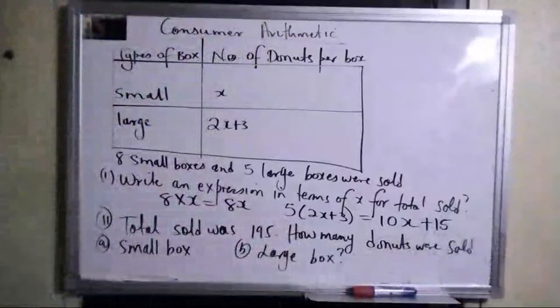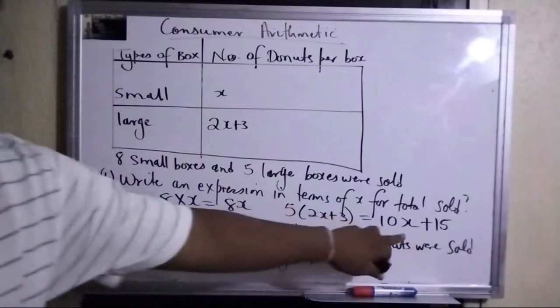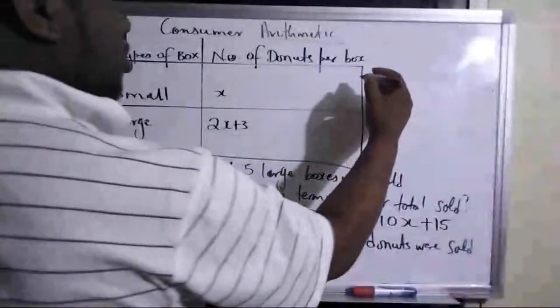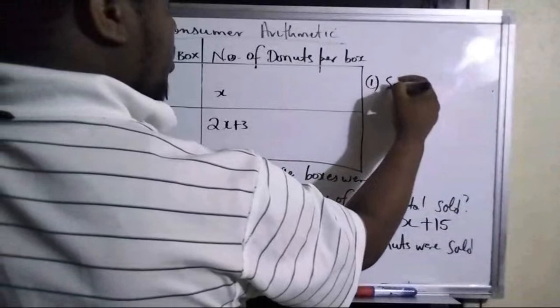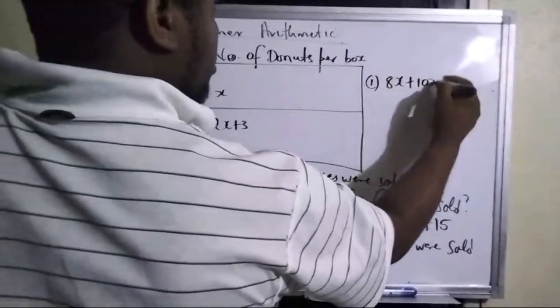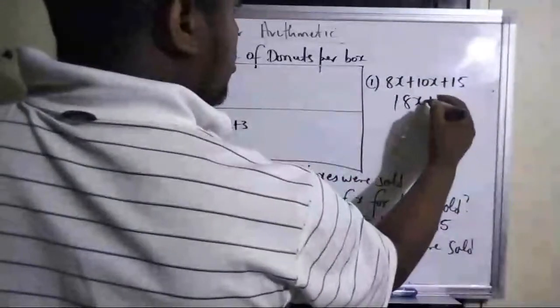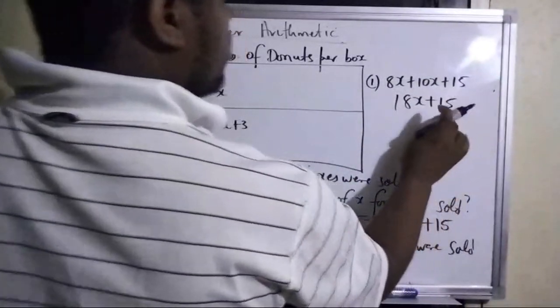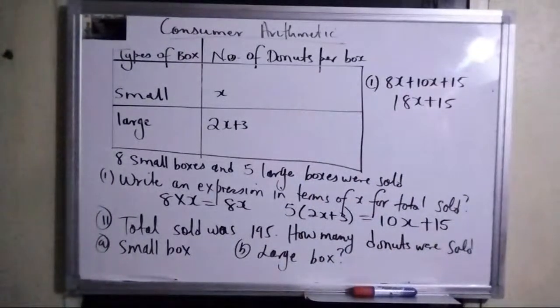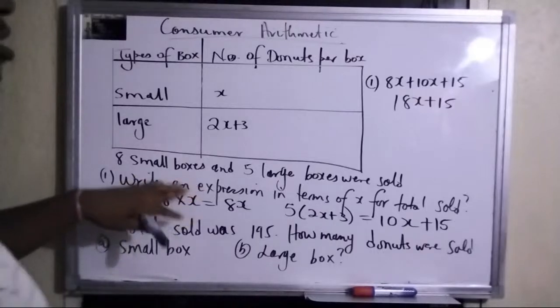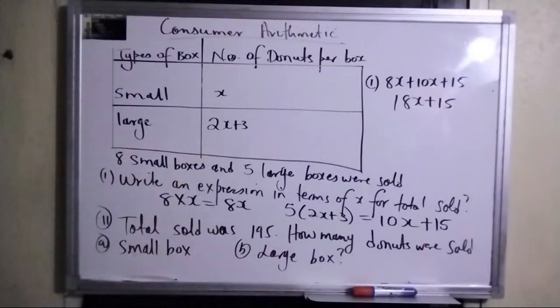So the total would be 8x plus 10x plus 15, which gives 18x plus 15. I think only the plus 3 one didn't get correct, because remember it's 5 times 3. Expanding the bracket, this would be the expression, and you would have gotten full marks.